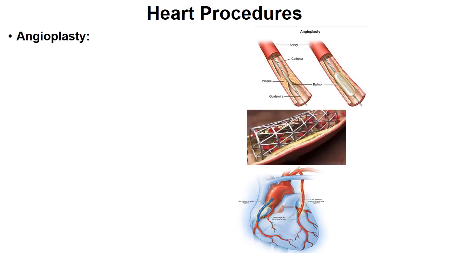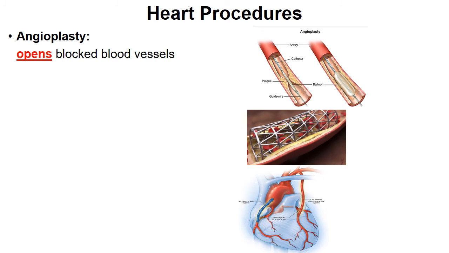Heart procedures. Angioplasty is the procedure in which they're going to put a catheter into your blood vessel and they're going to open it. I sometimes call this kind of like a roto-rooter. Before they would do an angioplasty, they would do an angiogram. In an angiogram, they would basically inject dye into your arteries to see if you have plaque built up.